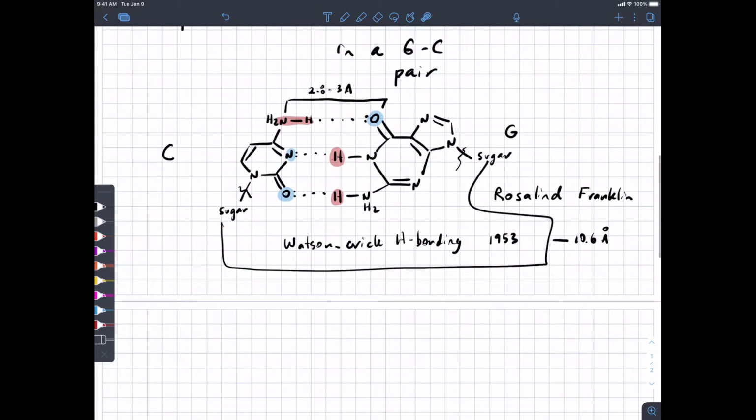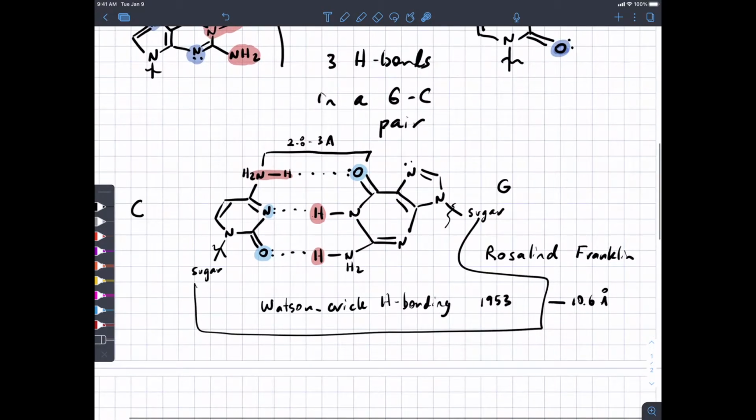Now, I forget, I didn't label my notes with this, but one side here is the major groove and the other side is the minor groove. I'm guessing that this is the major groove here and this is the minor groove up here. And there are different functional groups displayed in the major versus minor grooves.